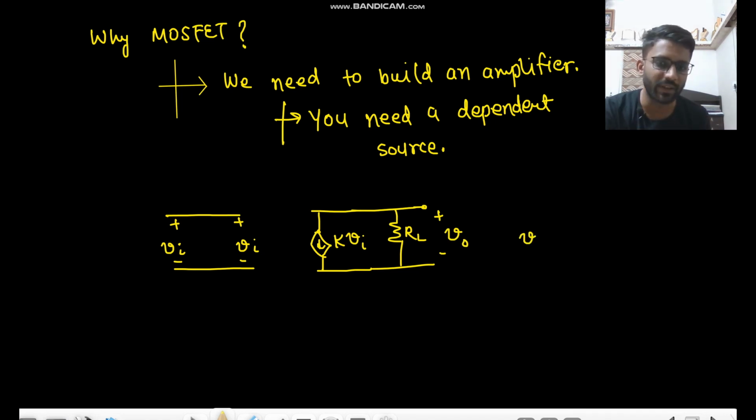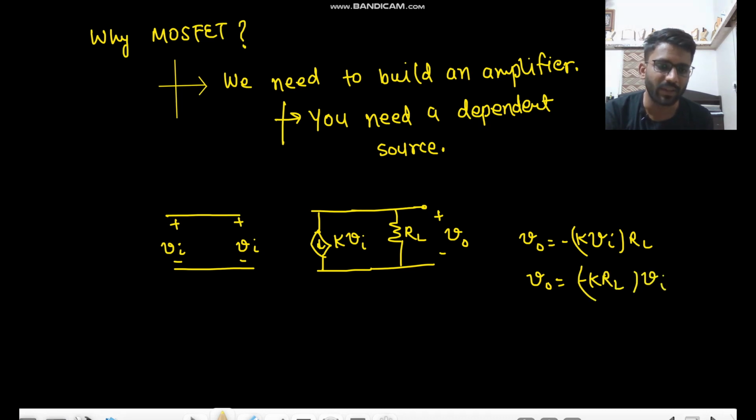So what will be your V0 here now? V0 will be K into Vi into RL and a minus sign, right? Because of the direction in which the current is flowing in this diagram. So V0 will be K into Vi times minus RL. So your V0 would be minus K RL into Vi.